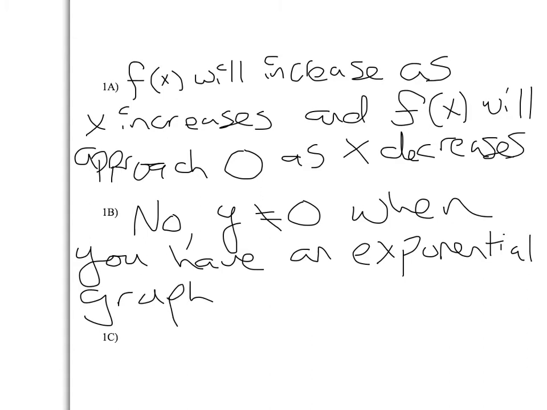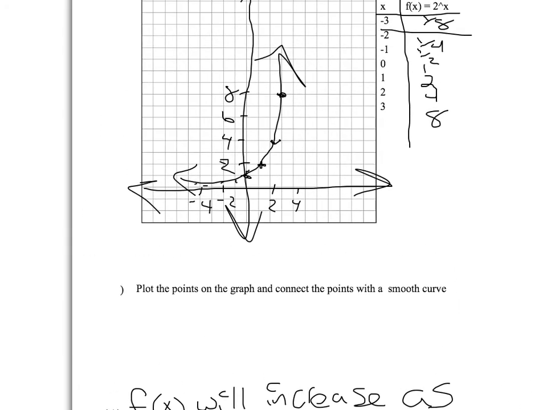And finally, 1c, what is the domain and the range of the function? Well, domain are x values. This thing is going to go left and right forever. Since it's going left and right forever, the domain is all real numbers. The range are the y's, up and down. It is going to go up forever, but it's only going to go down until it hits 0. It's never actually going to hit 0, so it's always going to be above 0.